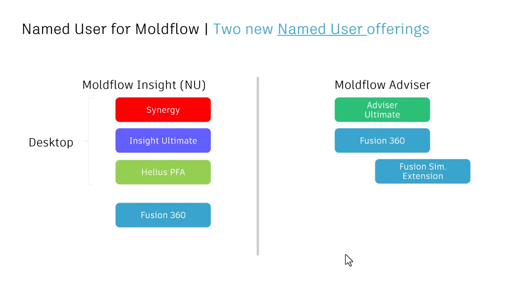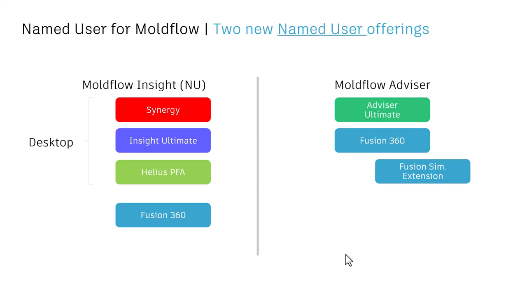So for Moldflow named user, we have come up with two offerings. One is for the Moldflow Insight. The product name is called Moldflow Insight named user, or it would also be referred to as Moldflow Insight Cloud named user.